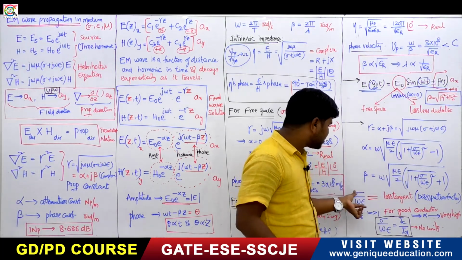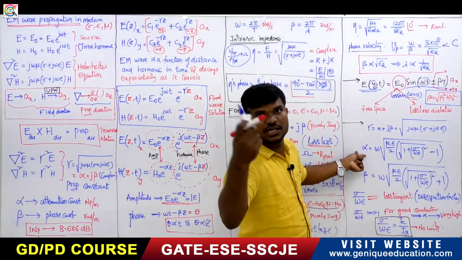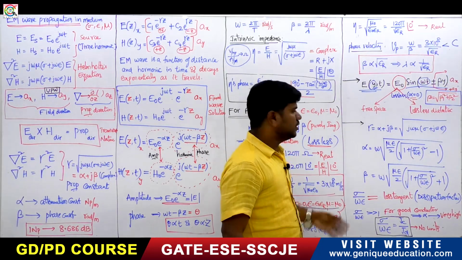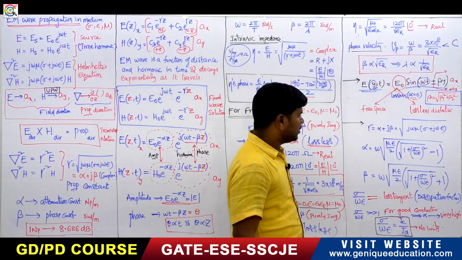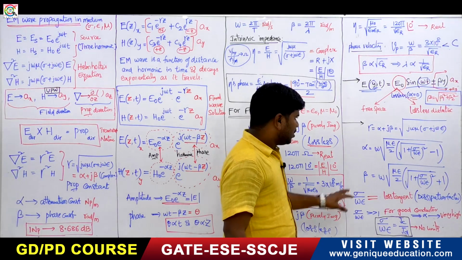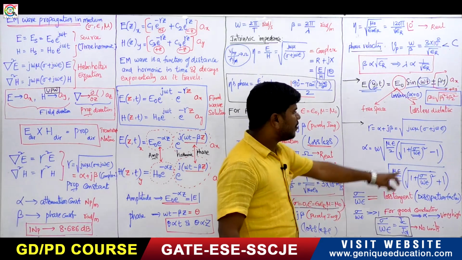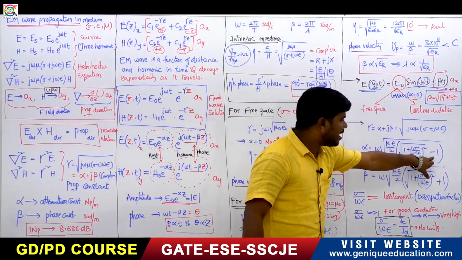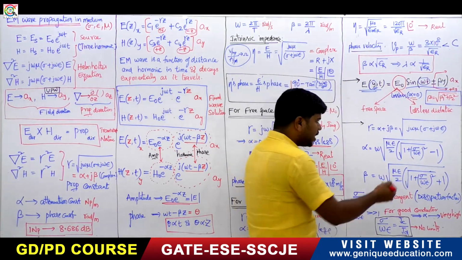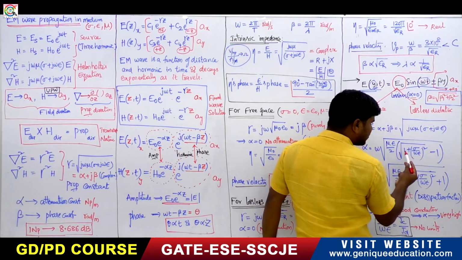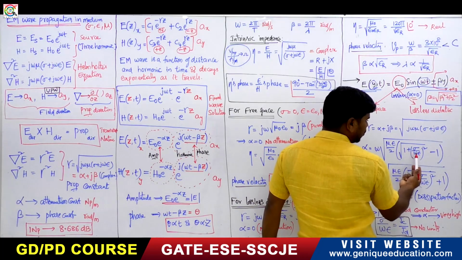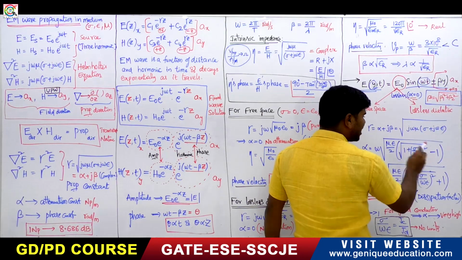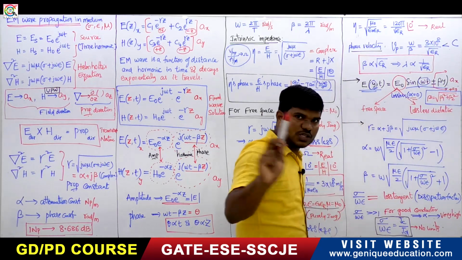So if sigma by omega epsilon is 0, the attenuation is very low. There is no attenuation. This entire value will be 0, root 1 is 1, 1 minus 1, alpha is 0. So there is no attenuation.